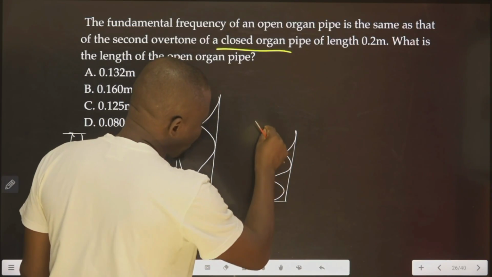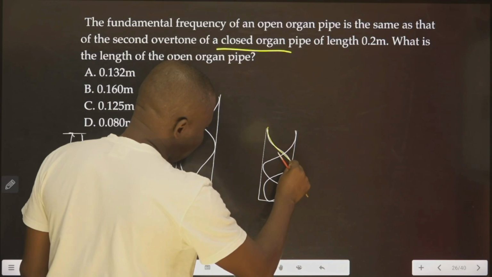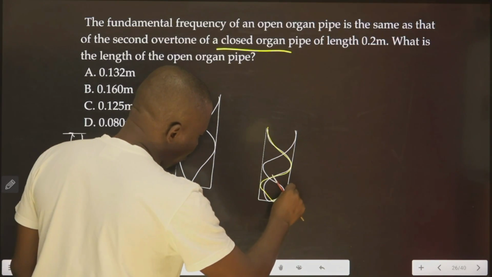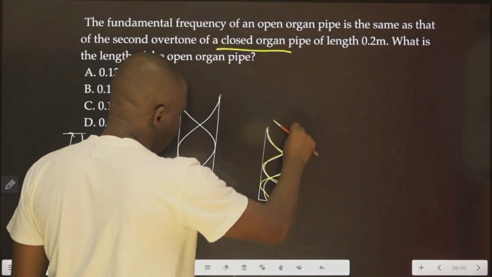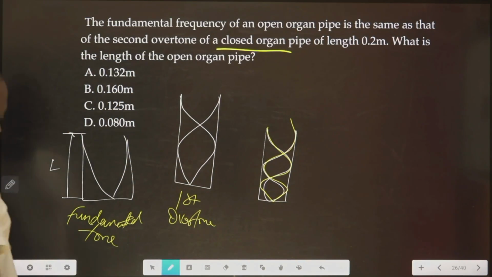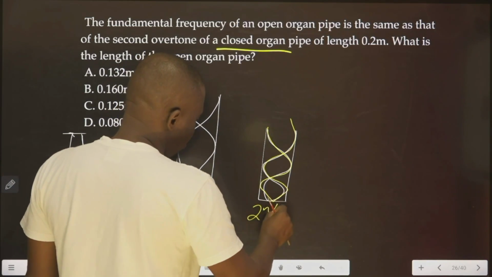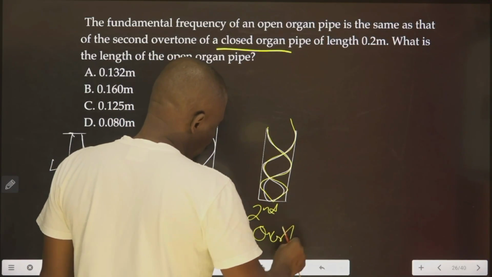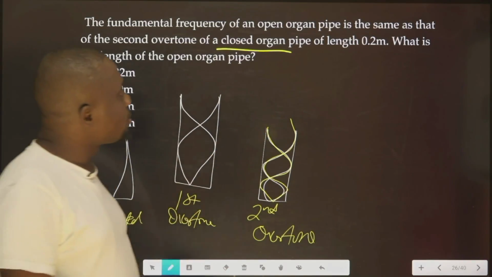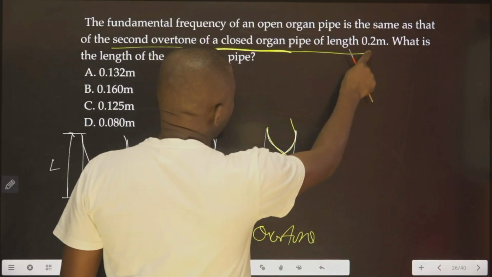What I'm trying to draw, I don't know if you can see it because this is too rough. Touch here, come down, come here, touch here, just like this. This is the second overtone. So the question is talking about this, about second overtone for what?